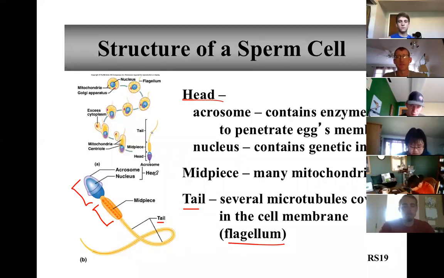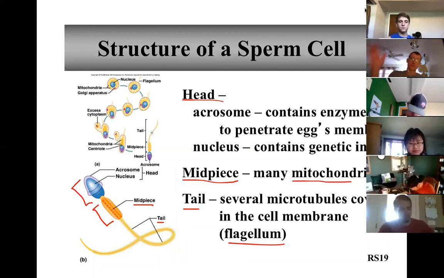The next simplest piece would probably be your midpiece. The midpiece is literally just a little cell envelope, if you will, a cell membrane that's full of mitochondria. Obviously, you guys all know from middle school science, high school science, mitochondria is the powerhouse of the cell, right? It has one job and one job only, which is to make ATP. Lots and lots and lots of ATP.